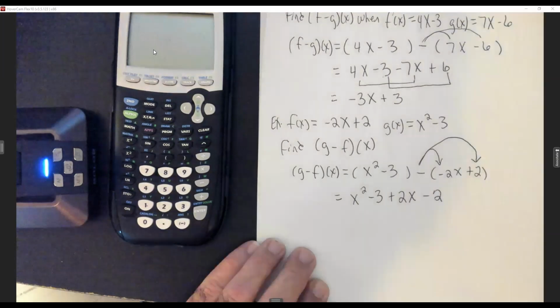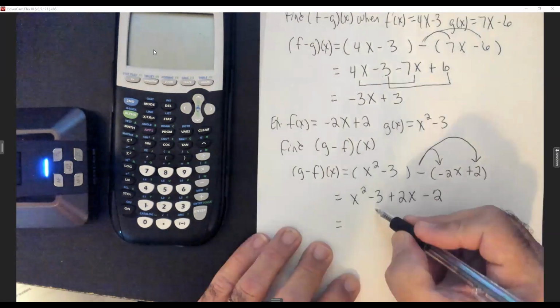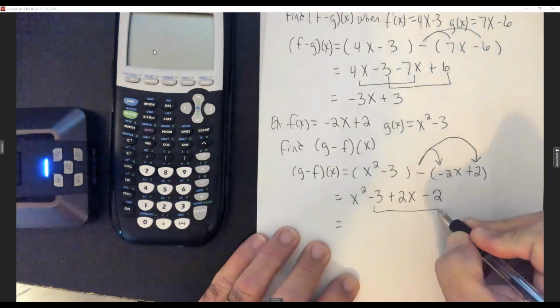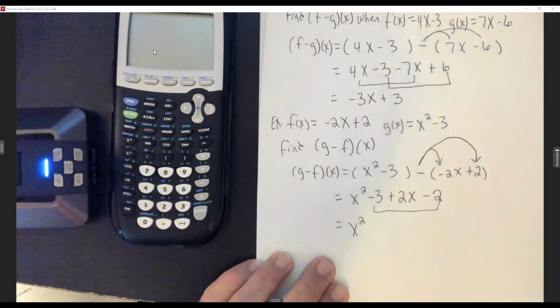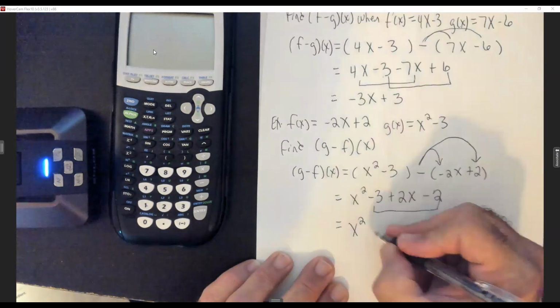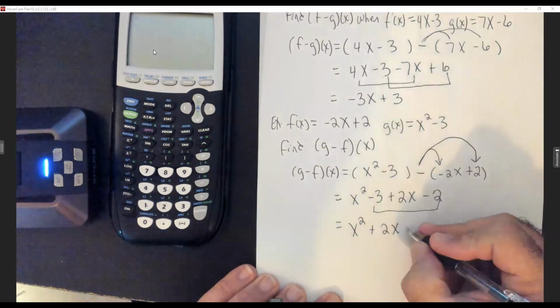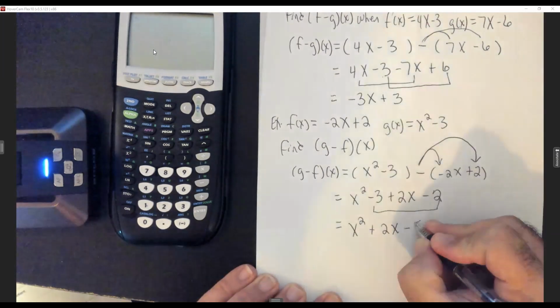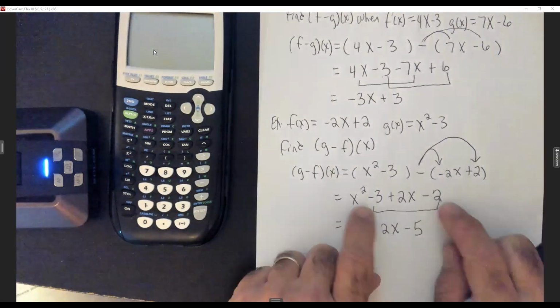Now we're going to add like terms, and the only thing that's going to add together are these numbers. So let me bring down that X squared. I had positive 2X. And a negative 3 plus a negative 2 is a negative 5. So remember, when you add like signs, add the numbers and keep that sign, okay?